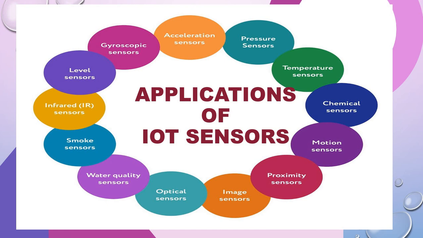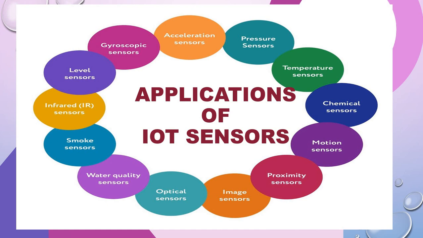So what are the major applications of IoT sensors? IoT sensors have found their way into various industries and sectors, revolutionizing the way we interact with the world. In smart homes, sensors enable automation and energy management, optimizing our living spaces.